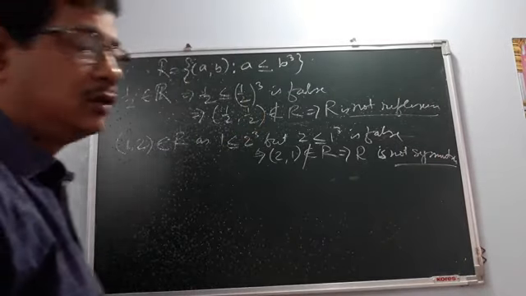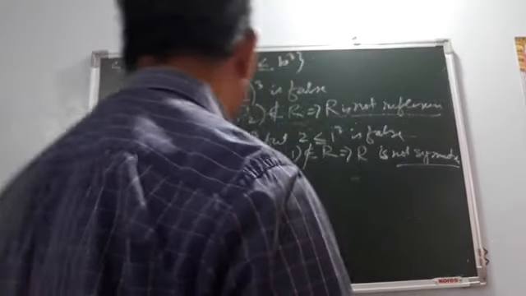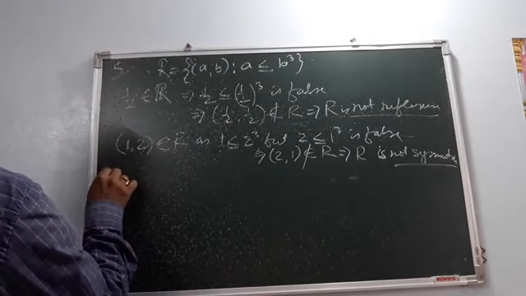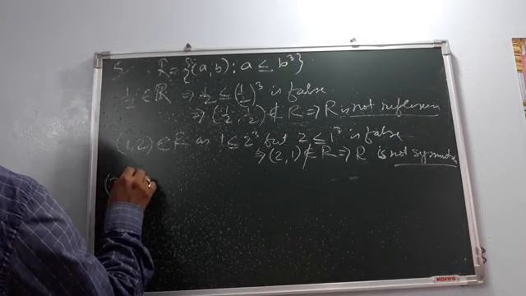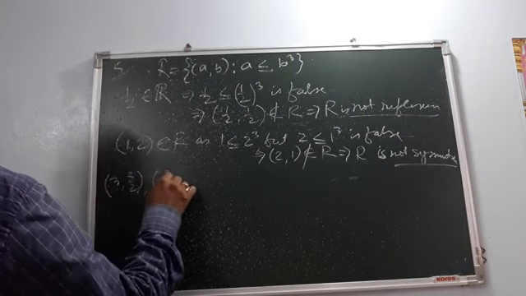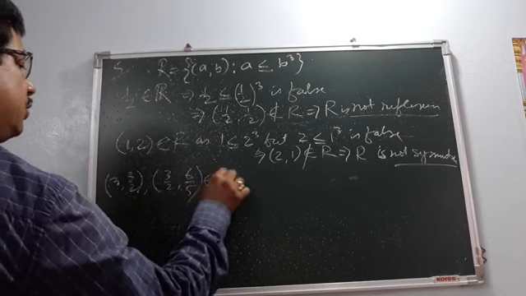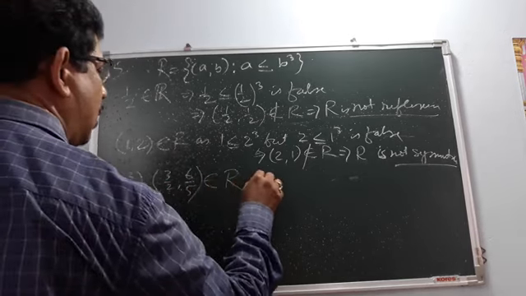R is not symmetric. Then we will take the example (3, 3/2) and (3/2, 6/5). These belong to R. Why?